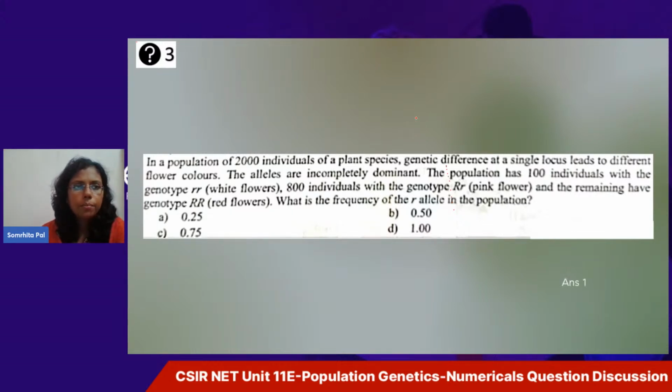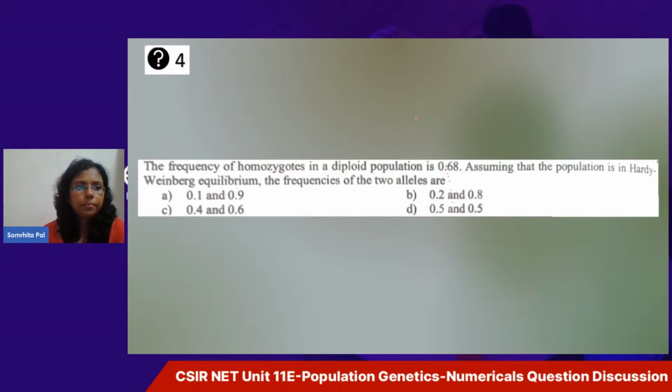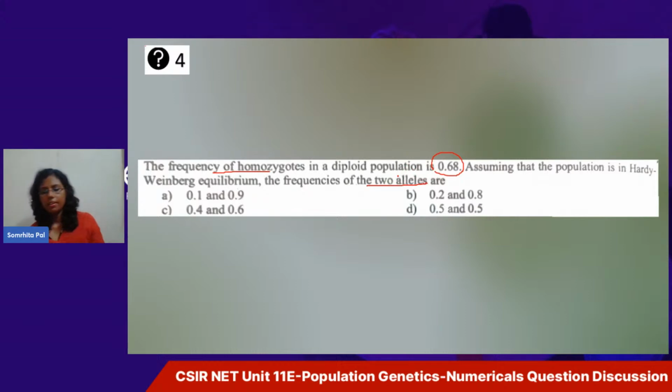Moving to the next question. The frequency of homozygotes in a diploid population is 0.68. Assuming that the population is in Hardy-Weinberg equilibrium, find out the frequencies of the two alleles. Try this question. They have again told you the frequency of homozygous, but they haven't mentioned whether it is homozygous dominant or homozygous recessive.